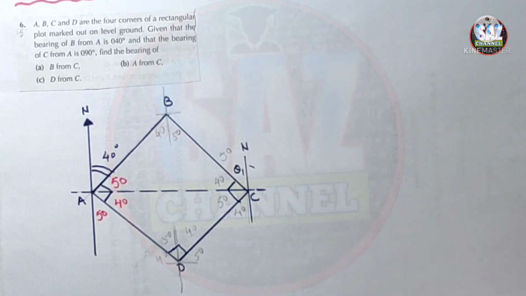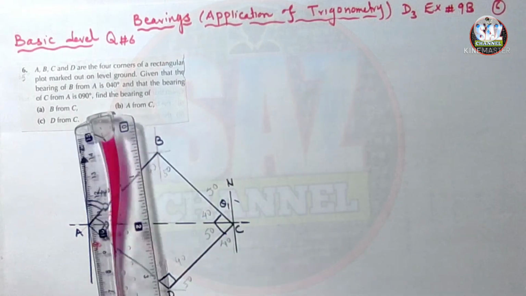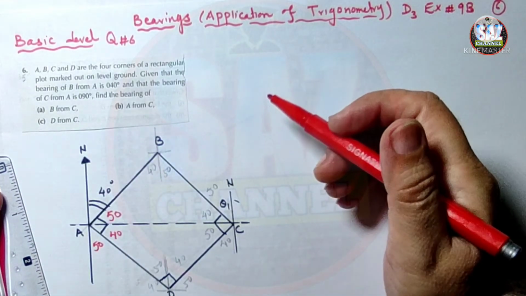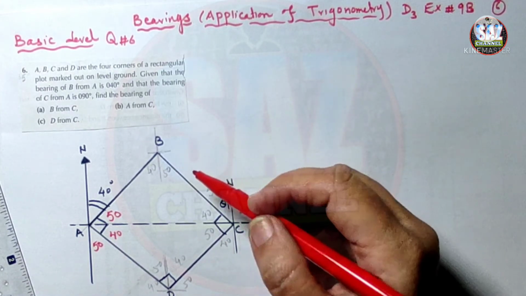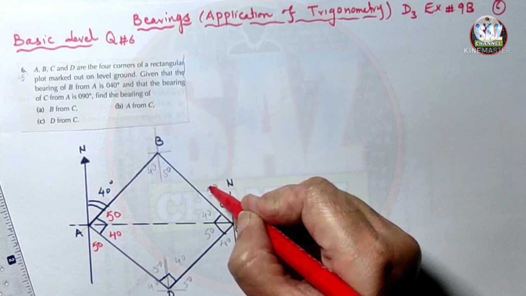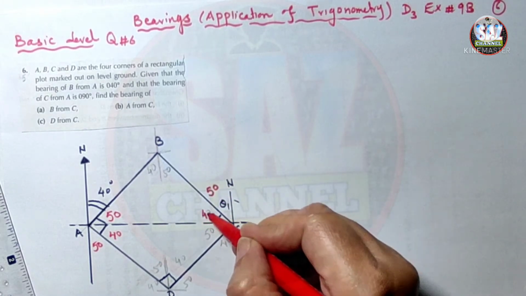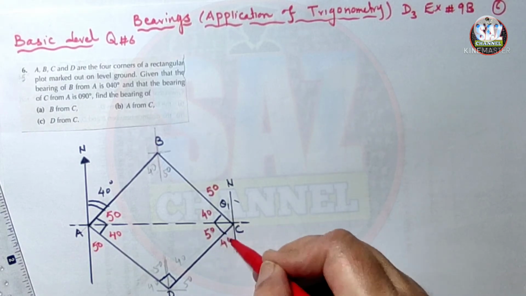And now let's talk about the different bearings. First we have calculated different angles with the help of the information given to us, and let me draw the bearings. First problem is that we have to find the bearing of B from C. Now look, this is 50 degrees, this is 40 degrees, and again this is 50 and 40.